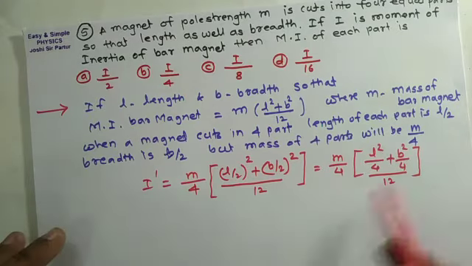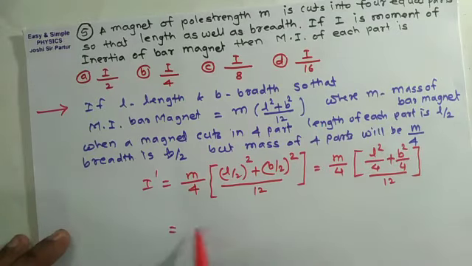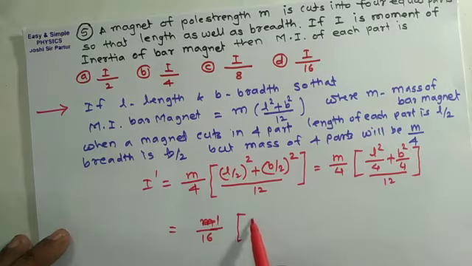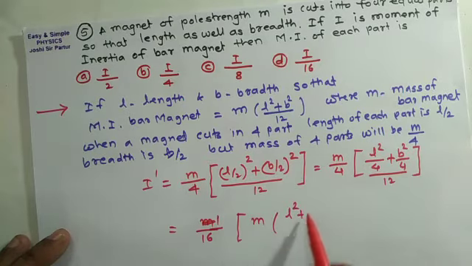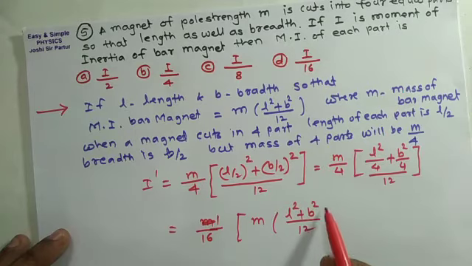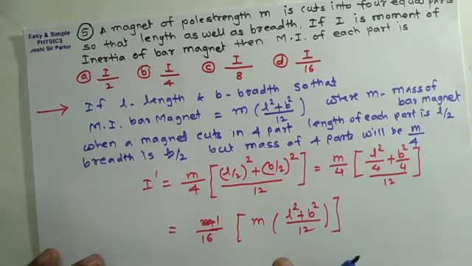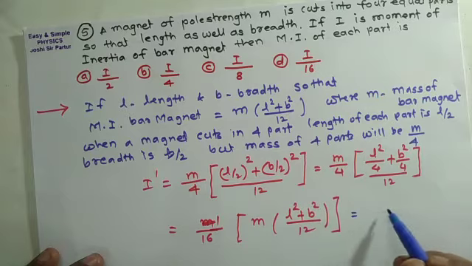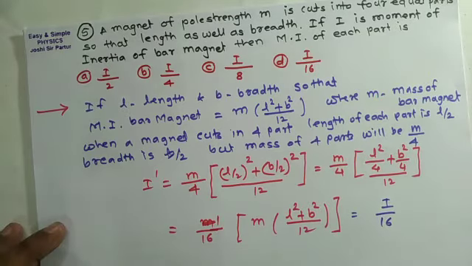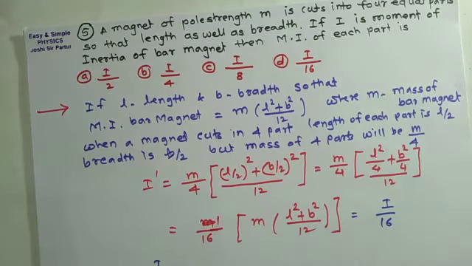If 4 is common, it is 1 upon 16 in bracket m in bracket L square plus B square upon 12. This is the moment of inertia of the bar magnet, so it will be I upon 16. So the answer for the question is I upon 16 for each part.